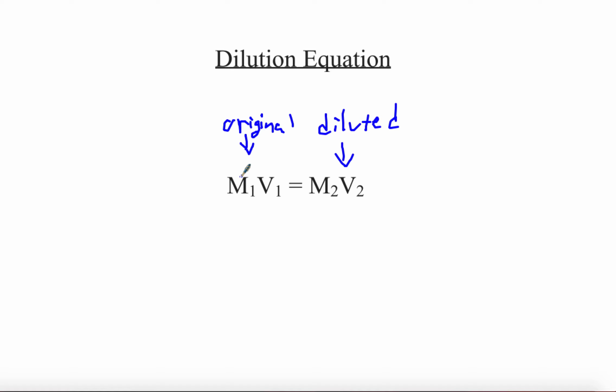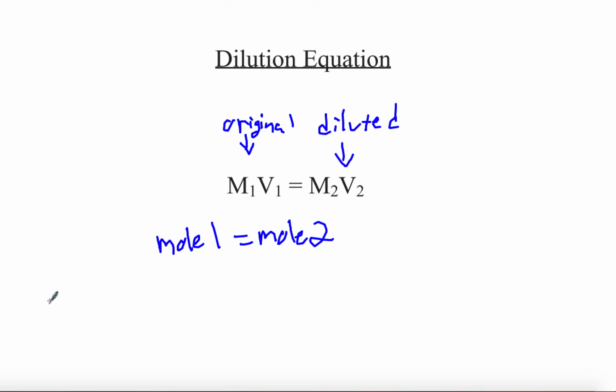Basically, the concentration times the volume of the first solution is going to equal the concentration times the volume of the second solution. The way that we know this is because we have two solutions, and we know that the number of moles are going to be the same. So the moles of solution 1 should equal the moles of solution 2.